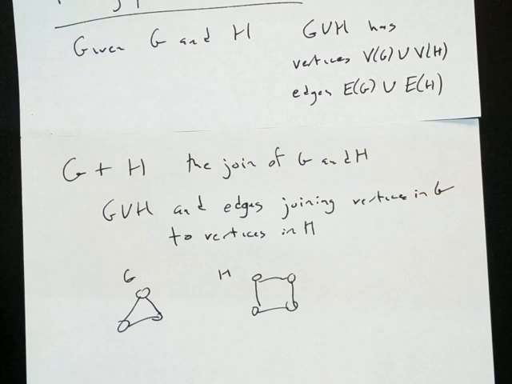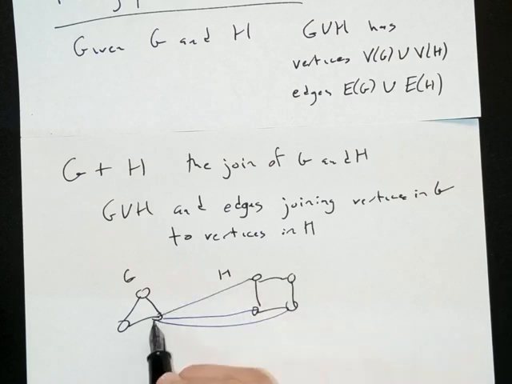Pick one. Then all of those have to be connected to each vertex in H. 1, 2, 3, 4. But I also have to do that for each of the other vertices.